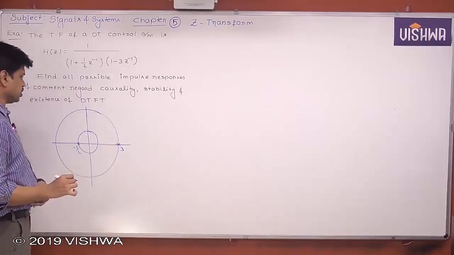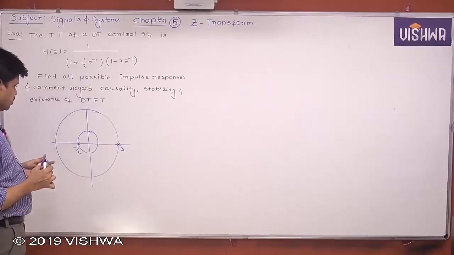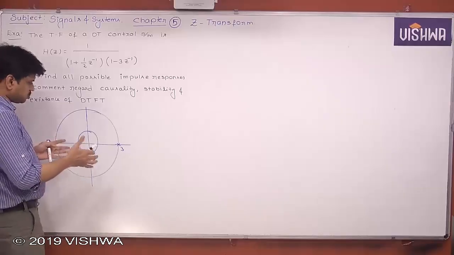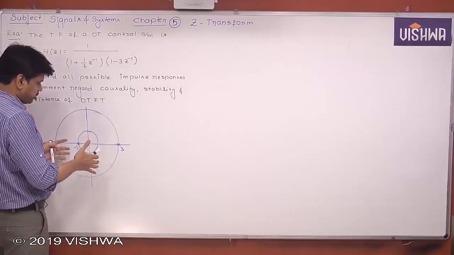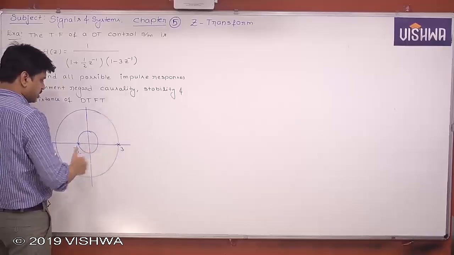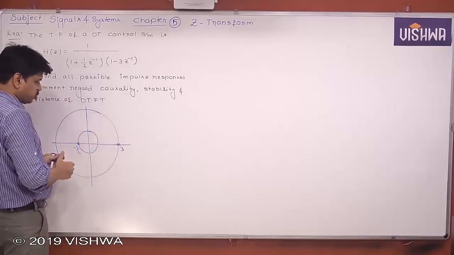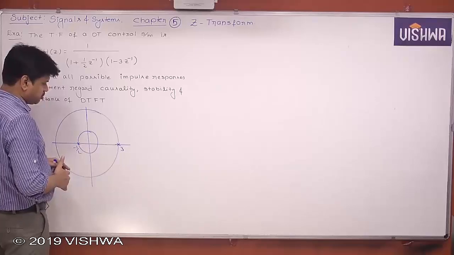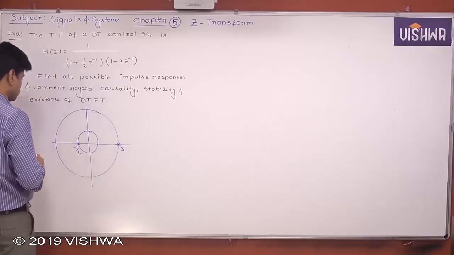Now if you observe carefully, with this pole pattern we are having 3 ROCs. What are they? One is greater than 3, another one is less than 1 by 2, and between 1 by 2 and 3. So these are the 3 possible ROCs. Let's see them one by one.